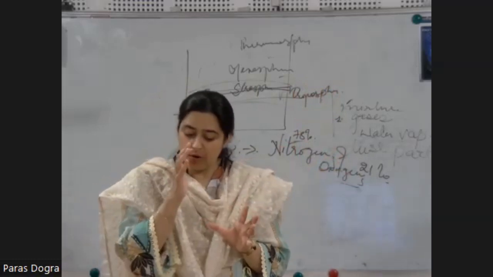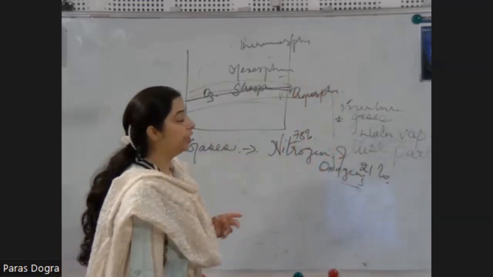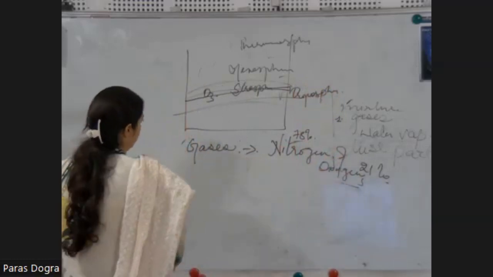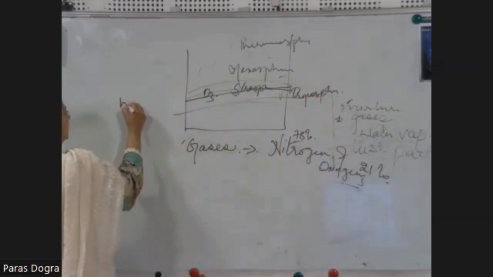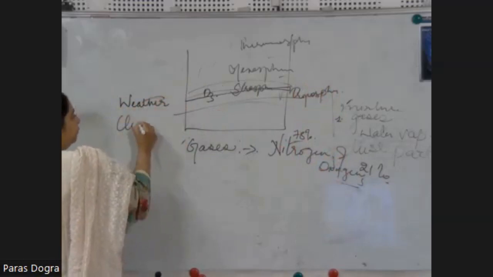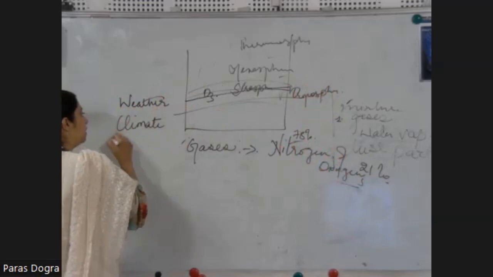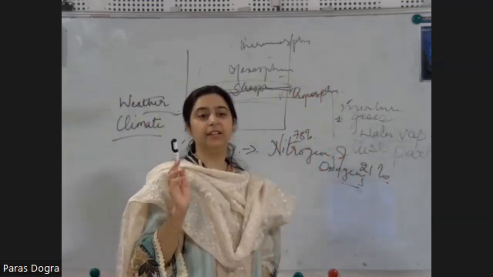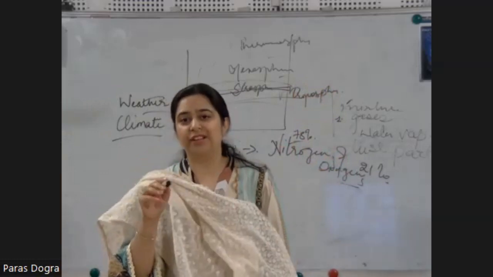Okay. So now again coming to the point of what is weather and what is climate. More or less we use these terms in a similar sense, but definitely there is a difference between weather and climate. Before coming to that difference, we first need to understand the elements of weather and climate.